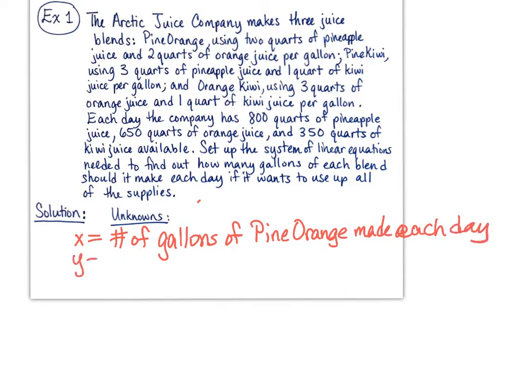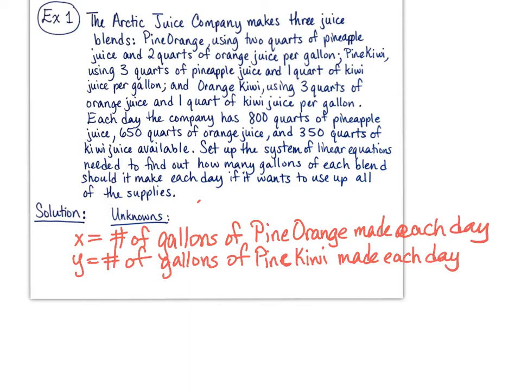Let Y be equal to the number of gallons of pine kiwi made each day. And let Z be equal to the number of gallons of orange kiwi made each day.